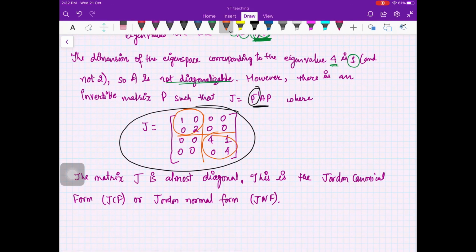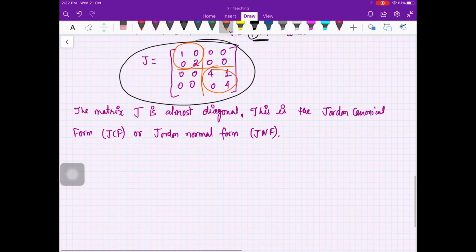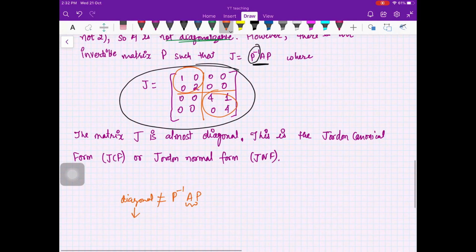So P inverse AP is not equal to a diagonal matrix. But it is equal to something which is more complex than diagonal, but still simpler than the original A. Then we are interested in that particular form, and that form is Jordan canonical form.